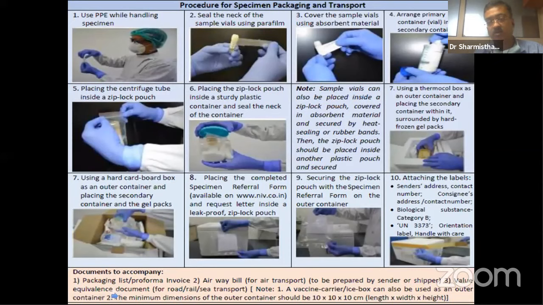On the thermocol box, you add some other things like the requisition slip. You have to fill the requisition slip, put it in a Ziploc pouch and fix it in the thermocol box. Finally, it is ready to be carried. It is triple layer zip-locked, total care taken, and then it becomes completely safe to be taken for handling and for transport.